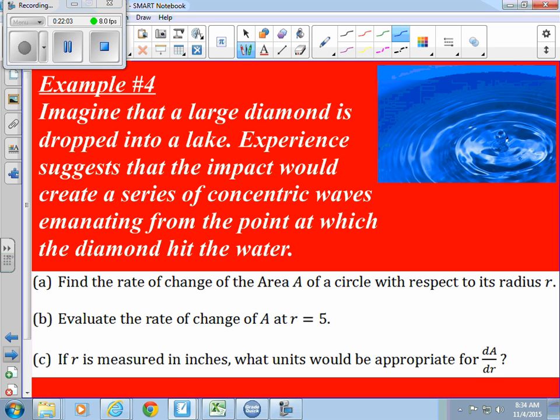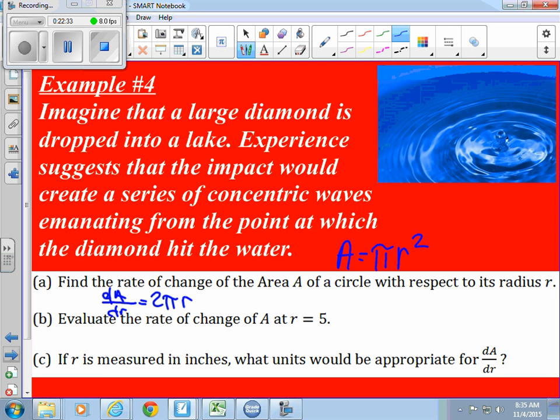First of all, what is the area of a circle? Area equals pi r squared. If I call that a function of r, can I take the derivative of it? So dA over dr would be 2 pi r. That's what it is.